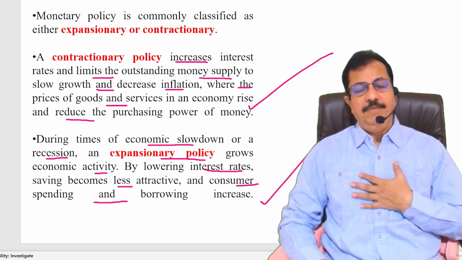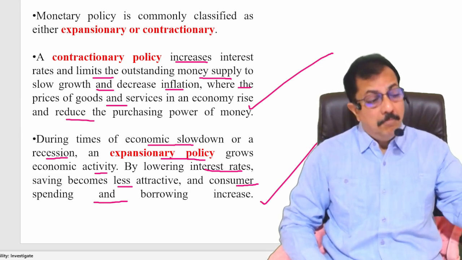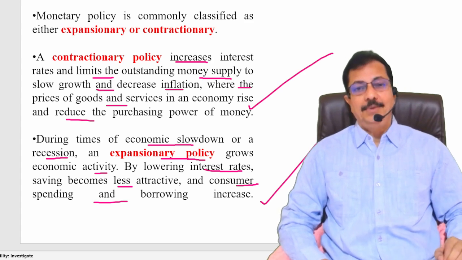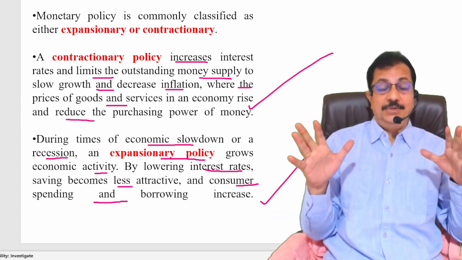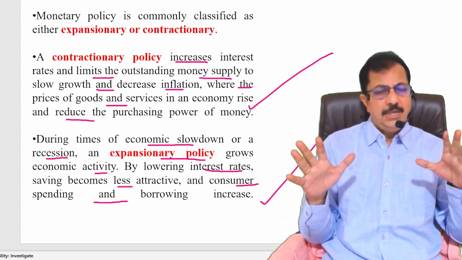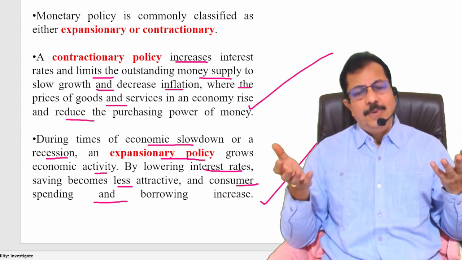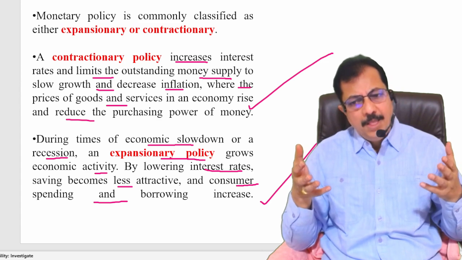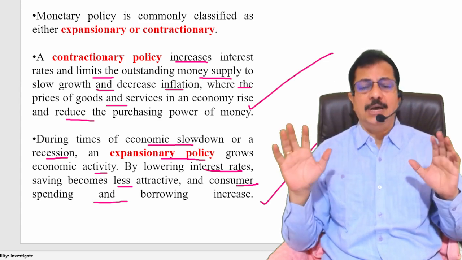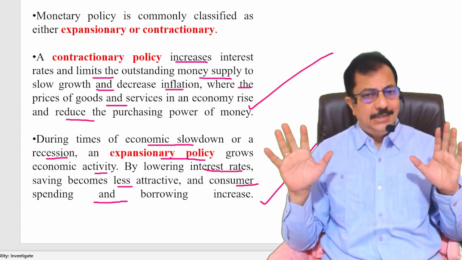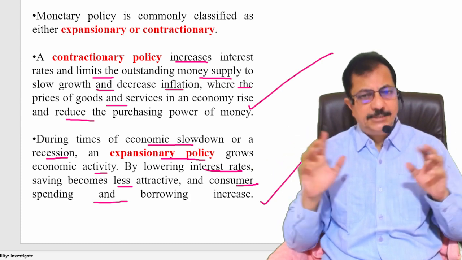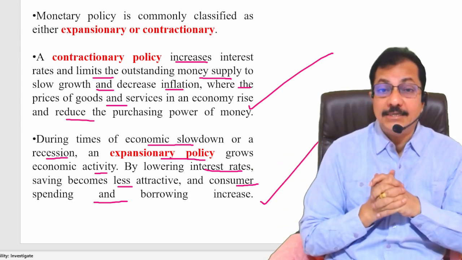Because the money is available at cheaper interest rates, borrowing will also increase. That is the reason why all of a sudden you will see in real estate also, people will start taking more money to purchase houses for themselves. That is happening because of the lower interest rates.